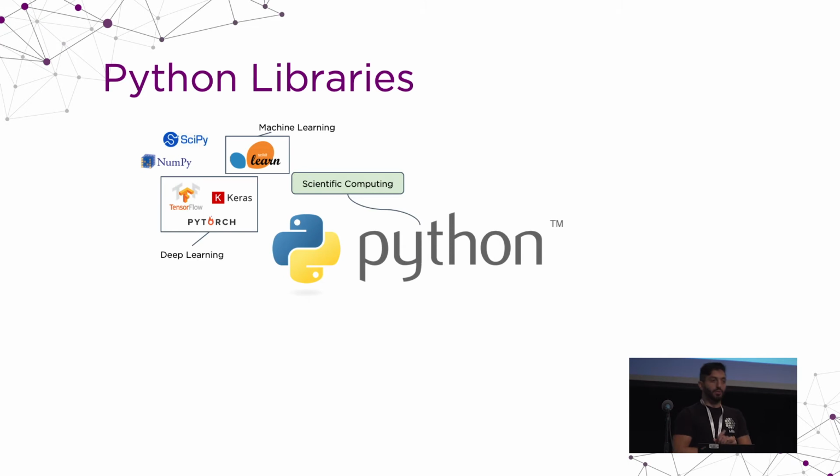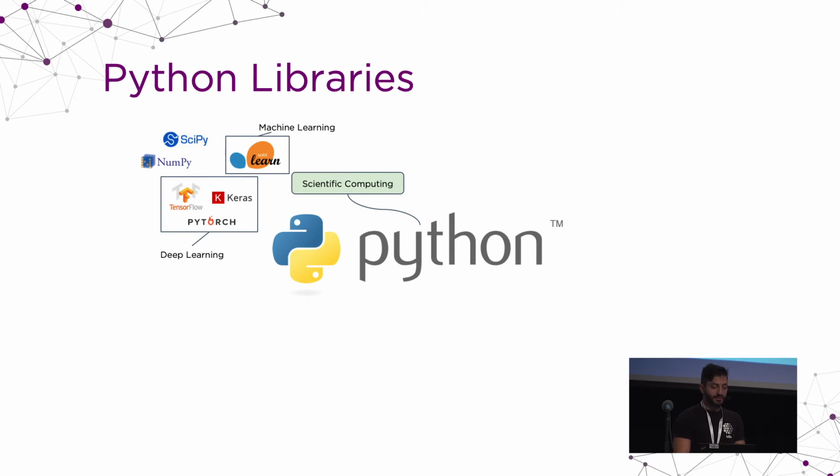So one of the reasons why we're here and talking about Python is that there's a very rich scientific computing library ecosystem out there. One of the more popular ones, which I'm sure most of you are probably familiar with, is NumPy, but there's also SciPy, which allows you to do all sorts of scientific computing. Scikit-learn, which is a really popular library for machine learning and implements all sorts of different machine learning algorithms.